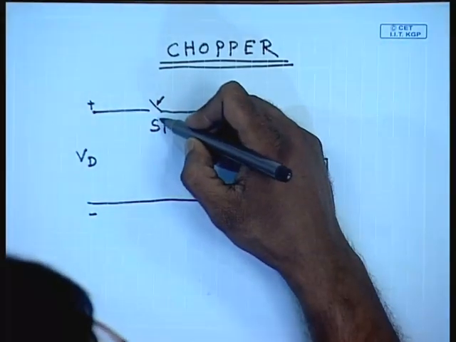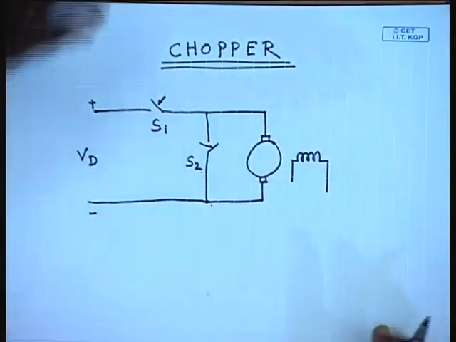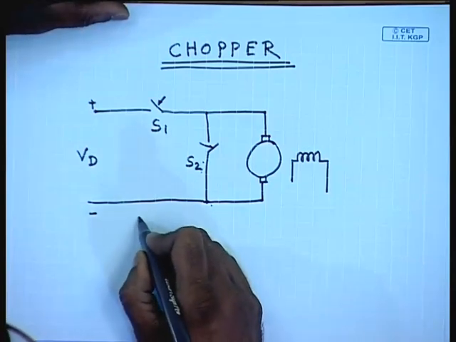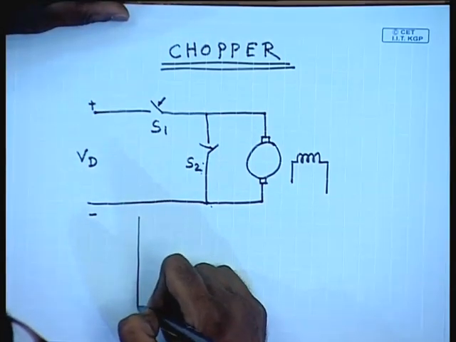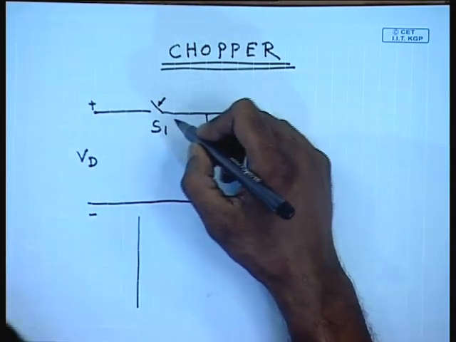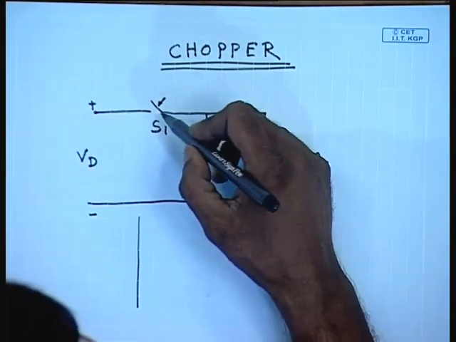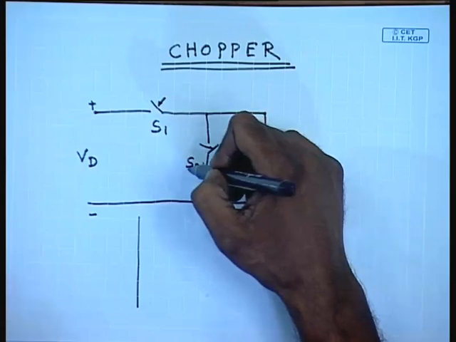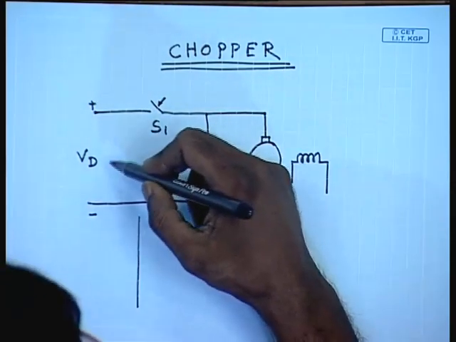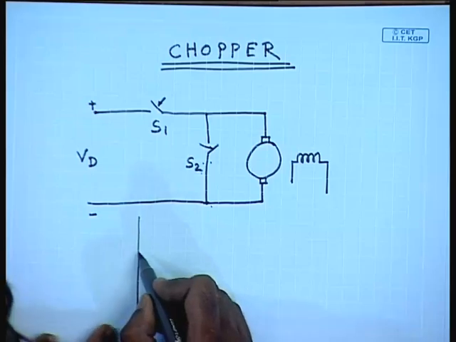The turn on and turn off of these two switches are complementary, that is, when S1 is on, S2 is off, when S2 is on, S1 is off. This is necessary, otherwise if S1 and S2 are simultaneously on, then there will be a short circuit across the DC supply, which must be avoided.